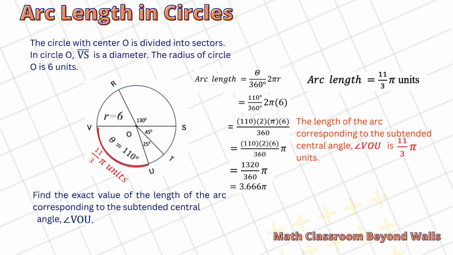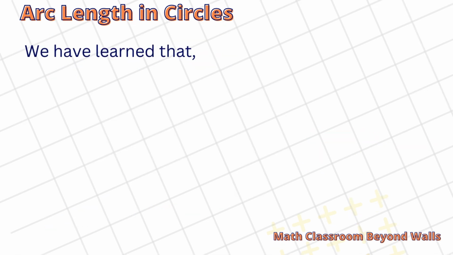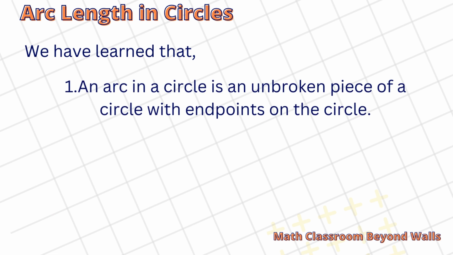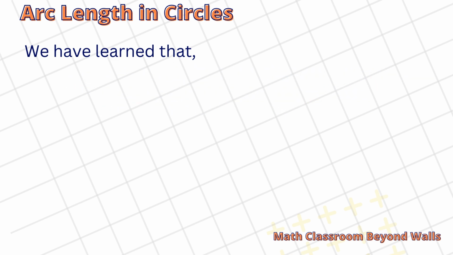There you are, learners. Let us summarize what we have learned on this video. We have learned that, first, an arc in a circle is an unbroken piece of a circle with endpoints on the circle.